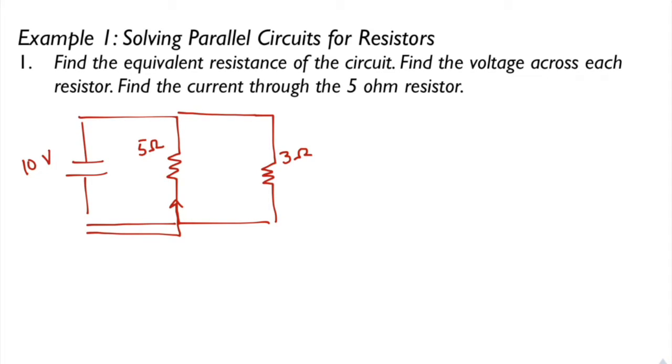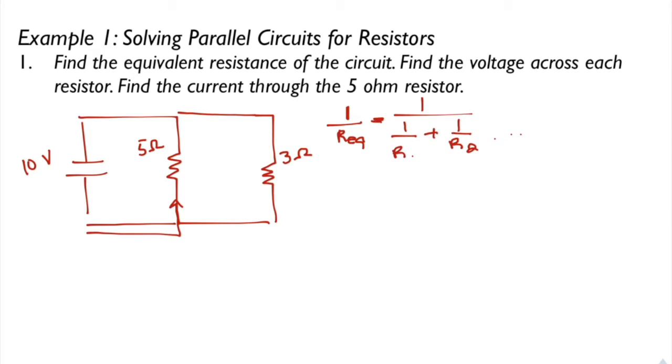To find the equivalent resistance, the formula is provided on your formula sheet, but I encourage you to memorize it for parallel circuits and for series circuits. So the formula is 1 over resistance equivalent is equal to 1 over R1 plus 1 over R2, and that can go on depending on how many resistors you have in parallel.